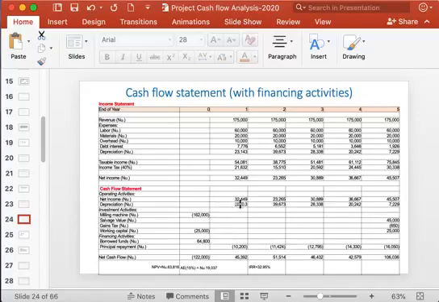All other things are same, except that for the calculation of net cash flow here, you have to subtract this principal amount which is paid to the bank.